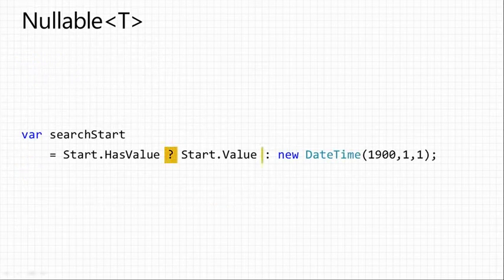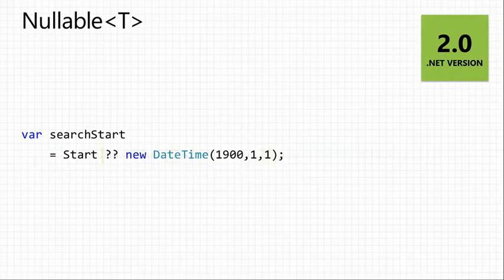What we can do instead is use the ternary operator and pull the value out. But that's still working too hard. What we can use instead is what's called the null coalescing operator. This operator, if the left-hand side is null, gives you the value of the right-hand side, but if the left-hand side has a value, it just returns it. So it fills in the blanks for you.